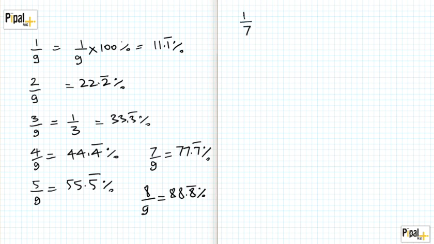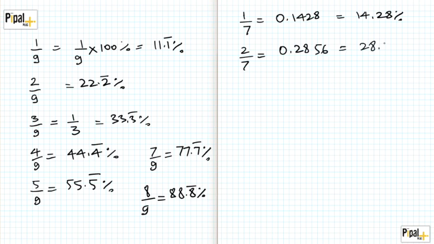Now division by 7. Now 1 by 7 equals 0.1428, right, which is equal to 14.28%. 2 by 7 equals 0.2856, right?